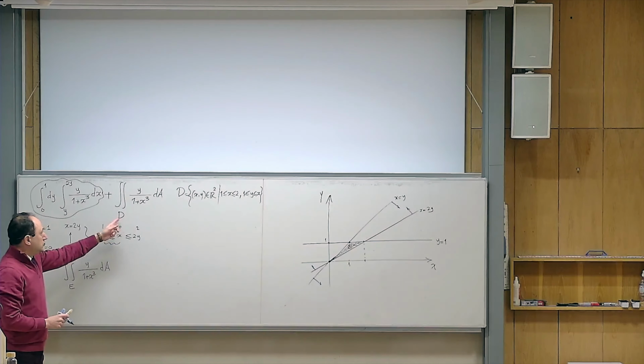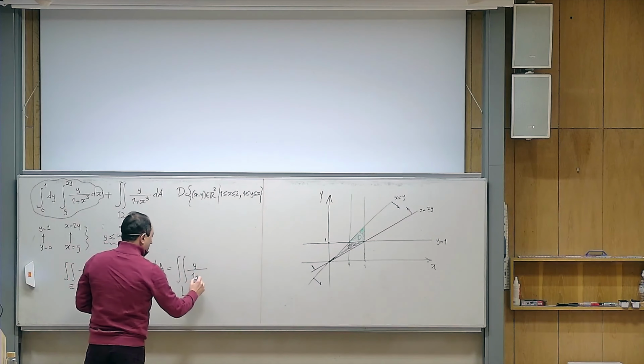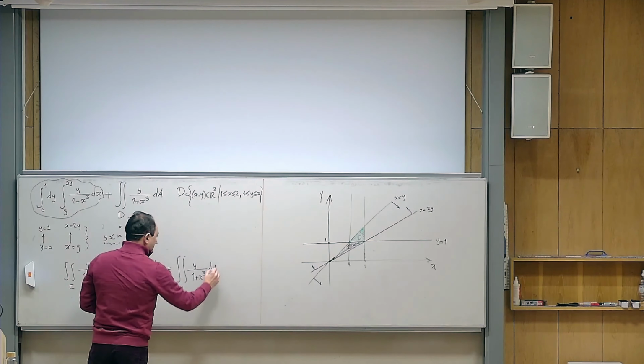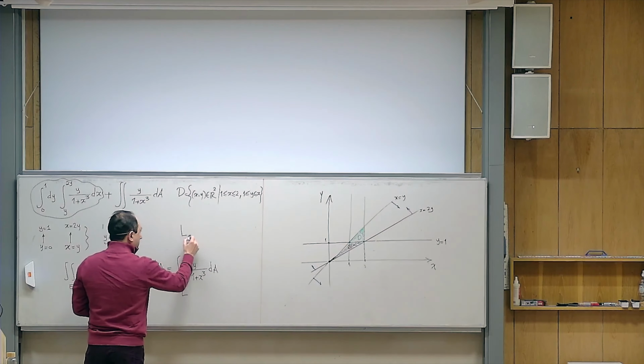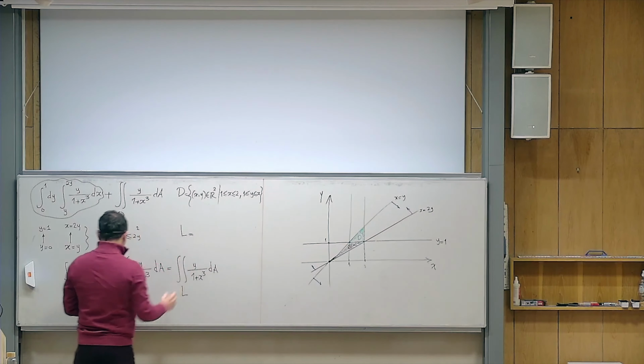This is the integral over D of Y over 1 plus X to the power of 3 dA. But I can write this as the integral over L of Y over 1 plus X to the power of 3 dA. If you ask me what L is, I will tell you that L is the union of these domains.